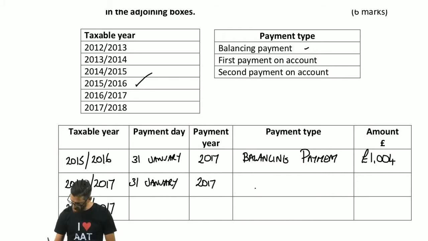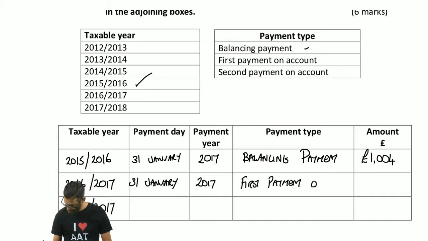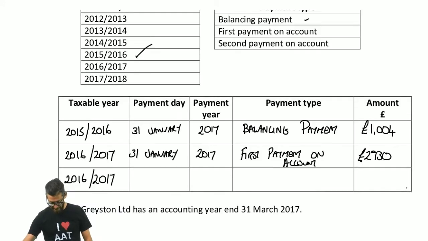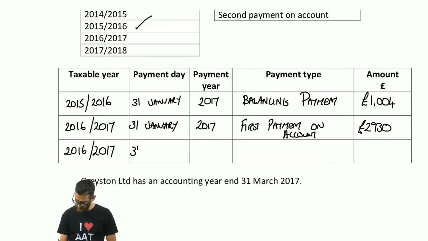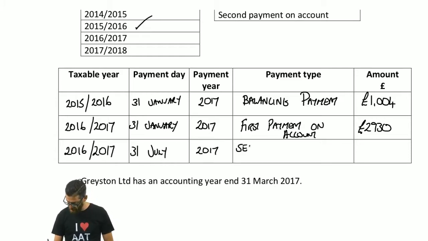But this one is the first payment on account. And how much was that for? Well, what did we say it was? 2930. And on the 31st of July, we have our second payment on account.